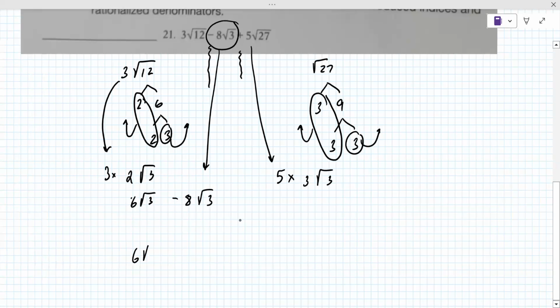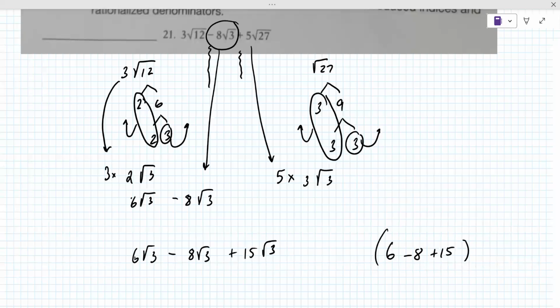So it's 6 square root of 3 minus 8 square root of 3 plus 15 square root of 3. When you have all the same roots, you just combine the coefficients. So what you really should see is like 6 minus 8 plus 15. And then you're going to bring the square root of 3 with it.